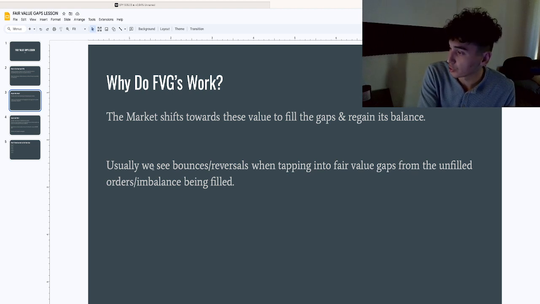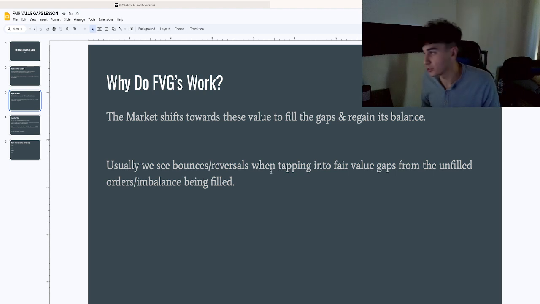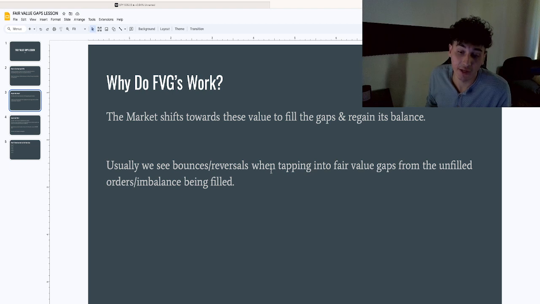Moving on. Usually we see bounces and reversals based on the type of fair value gap that there is when tapping into fair value gaps from the unfilled orders, the imbalance being filled, just how I mentioned. And you probably heard me just say different fair value gaps. There are 2 different fair value gaps that we can utilize and trade, and that's going to be our bullish fair value gaps, and that's typically when buying pressure is inputted and is greater than usual and then creates that gap, or vice versa, when selling pressure is greater than usual and then creates that gap to the downside.